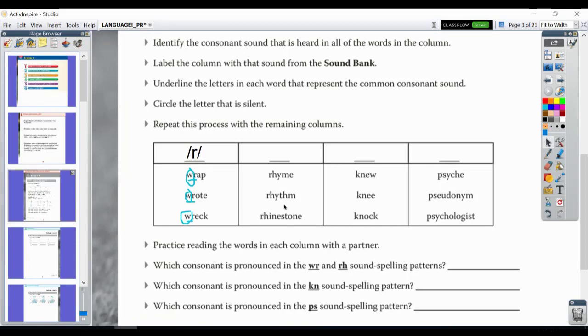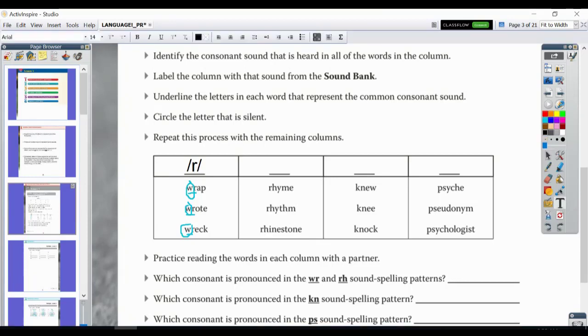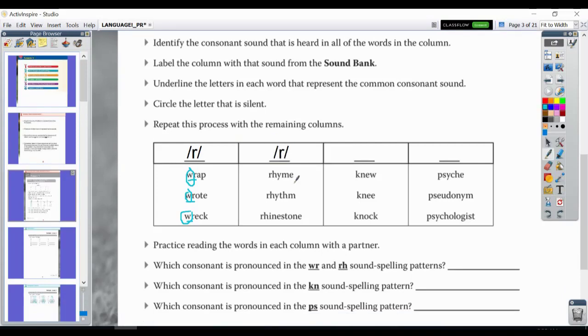Okay, moving on to the next column. Rhyme, rhythm, rhinestone. Say them. What sound do you hear in all three of those words at the beginning? That's right. It's another R sound. Think about what letters all three of these words have in common. How about the RH?